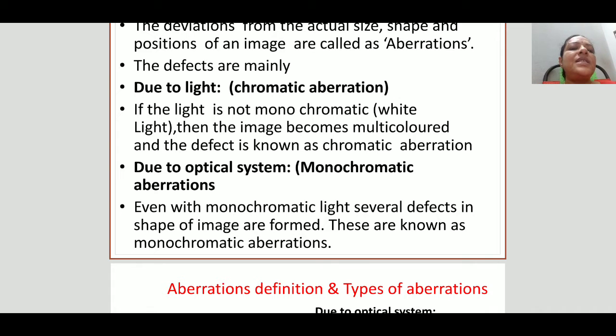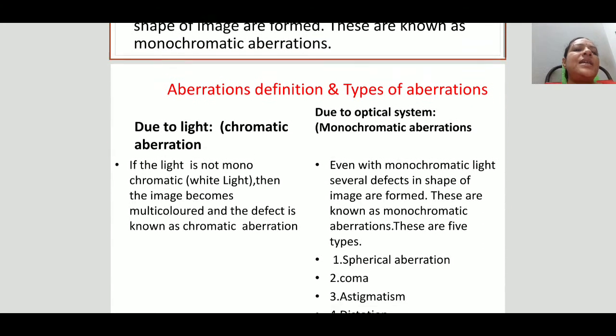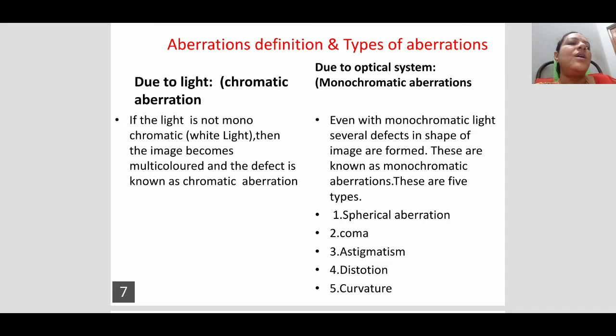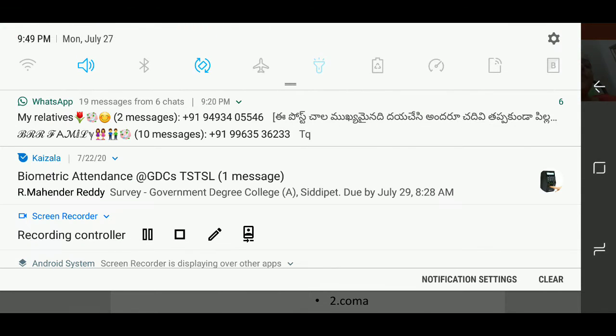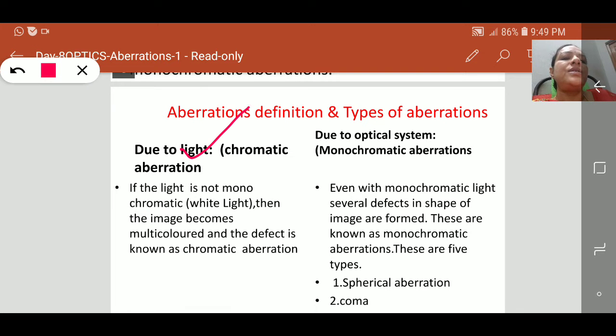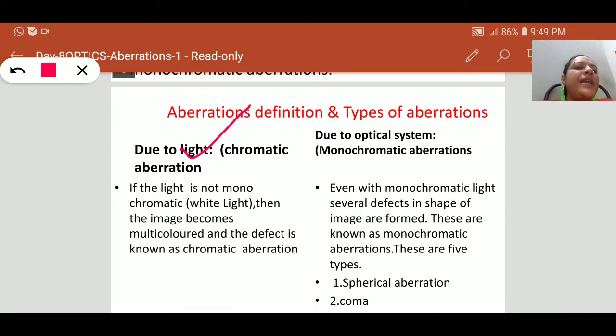Let us discuss these chromatic and monochromatic aberrations clearly. See here, the aberrations are of two types: chromatic aberration, which is due to light, and monochromatic aberration, which is due to the optical system.